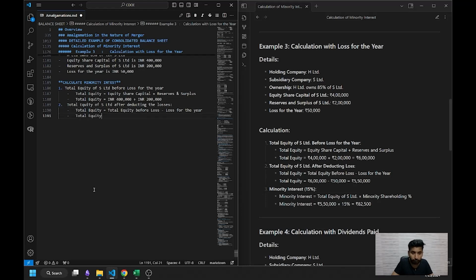Hence, the total equity will be INR 6 lakhs minus the loss of 50,000, which will be equivalent to INR 5 lakh 50,000. And in the third step, we will calculate the minority interest.